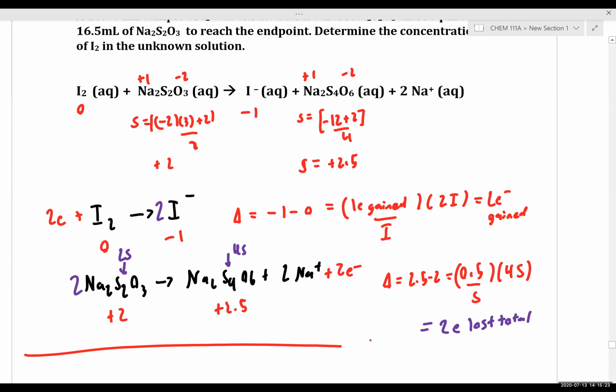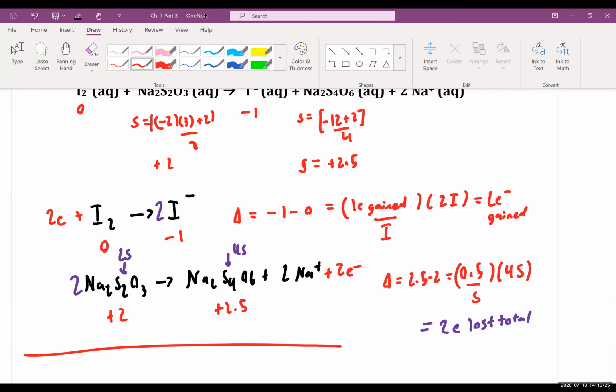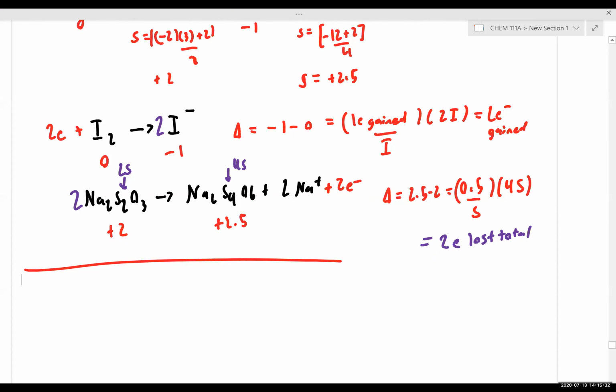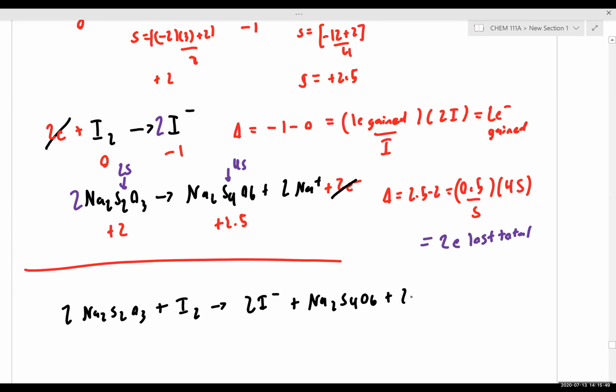We see that we can now add our equations together, and that gives us the following balanced equation. So our electrons cancel. That gives us 2 sodium thiosulfate plus iodine leads to 2 iodide plus sodium tetrathionate, plus 2 sodium plus.